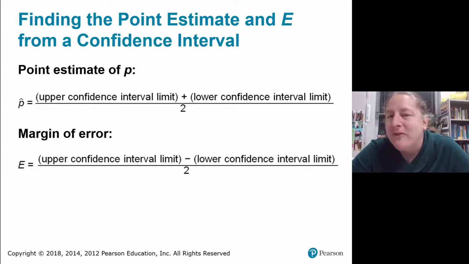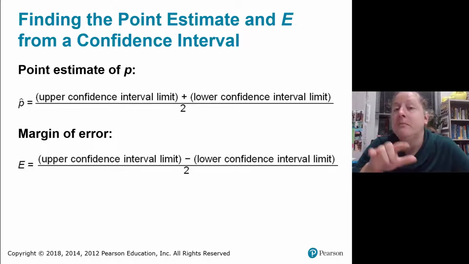So now, what if you were given a confidence interval and you wanted to find the point estimate or the margin of error? A lot of times people will report the confidence interval and not give you the point estimate or margin of error. So you can find those things if you're given a confidence interval. It's really quite simple. To find the point estimate, we're trying to find the mean between the upper and the lower bound of our confidence interval.